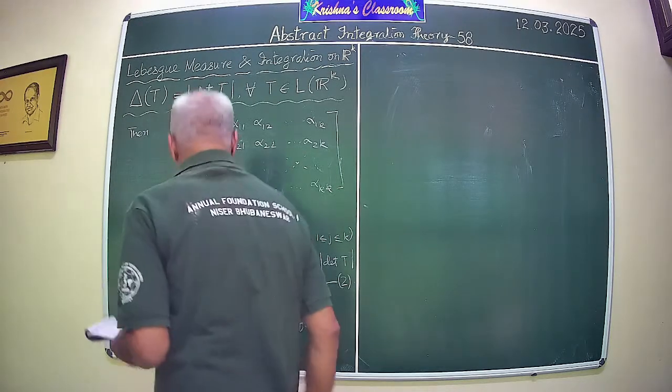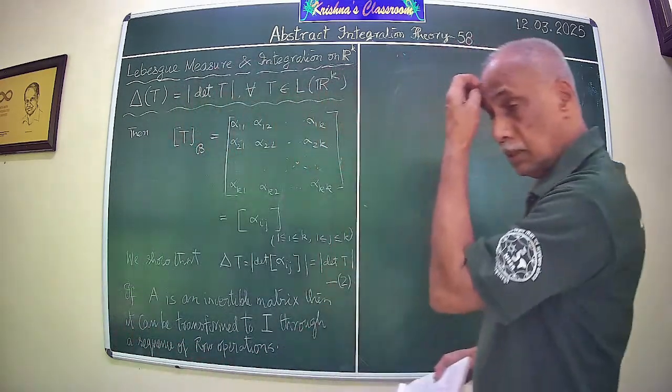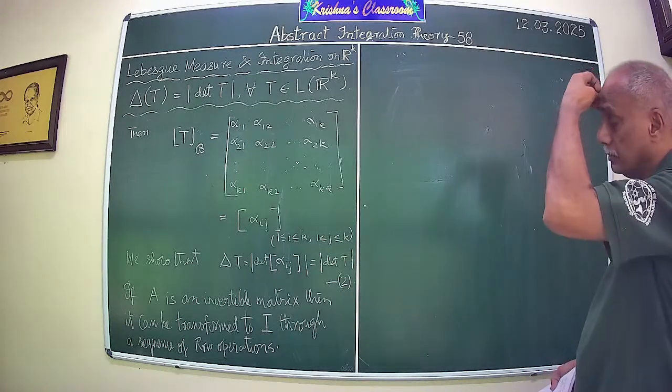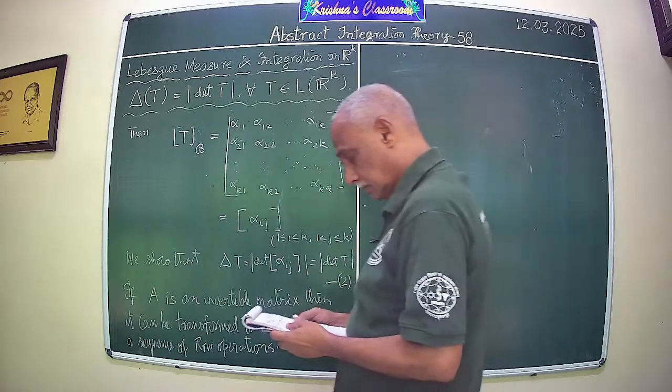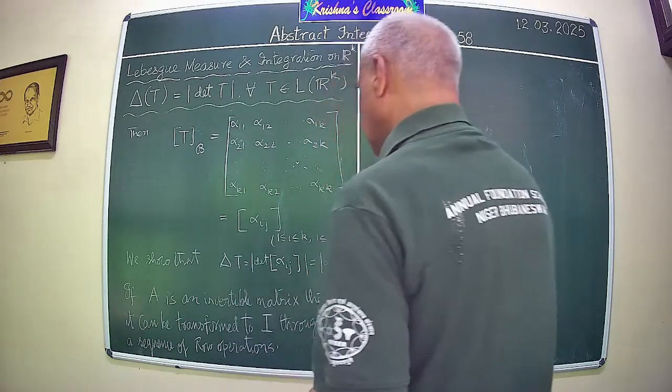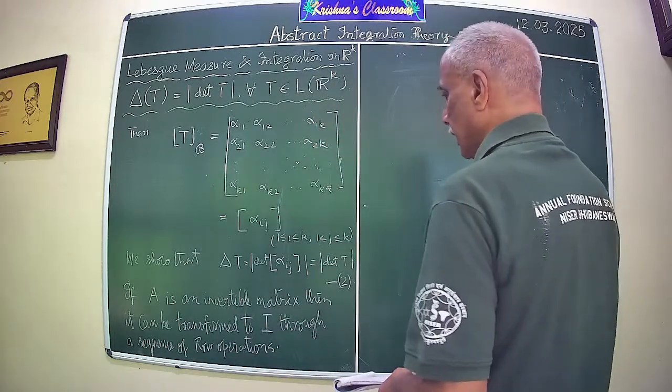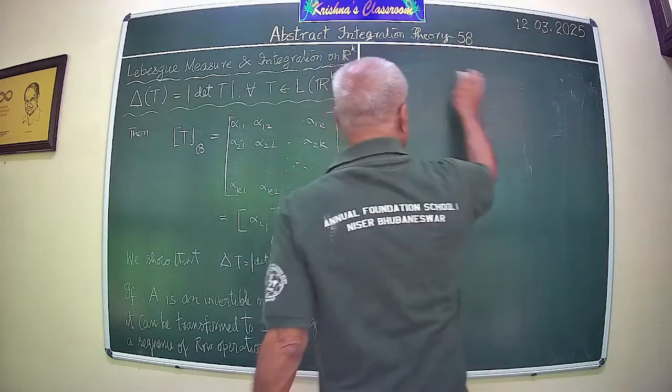This we usually use in solving equations. So what is the consequence? There are 3 types of row operations that we use.